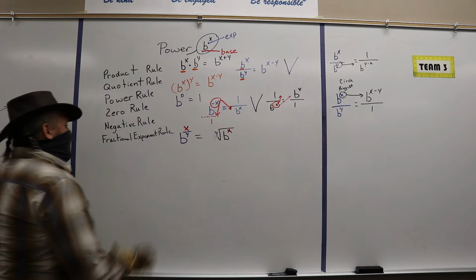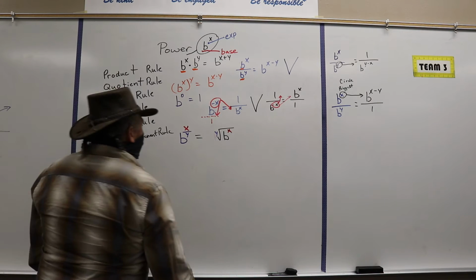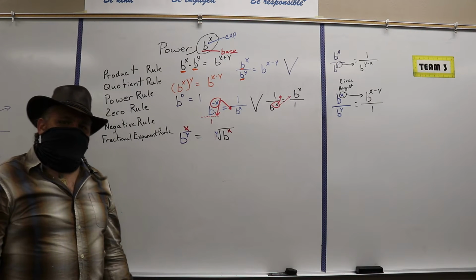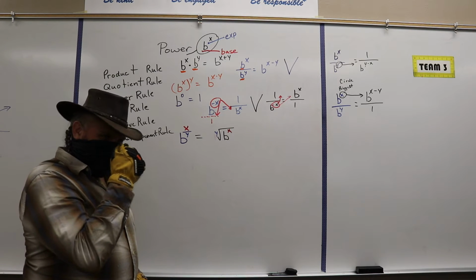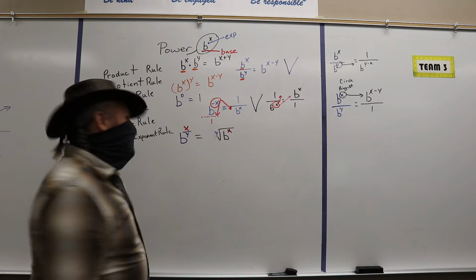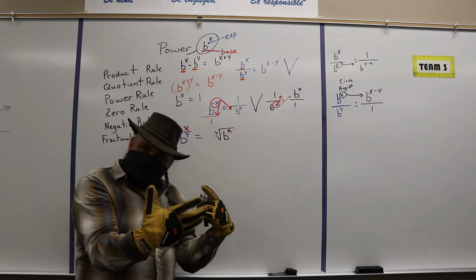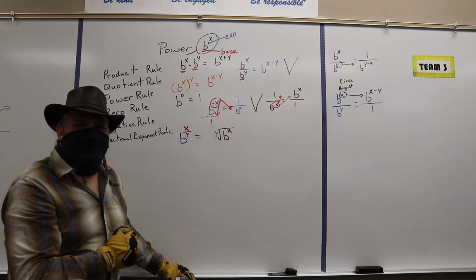Next, fractional exponent rule, right? Means I have a fraction as an exponent. This is super easy. Like we talked about with the root. The root of the radical, right, is in the bottom of the fraction.